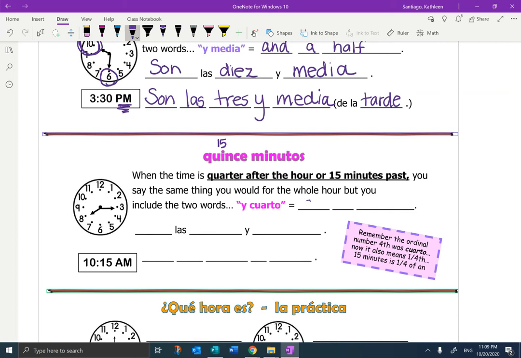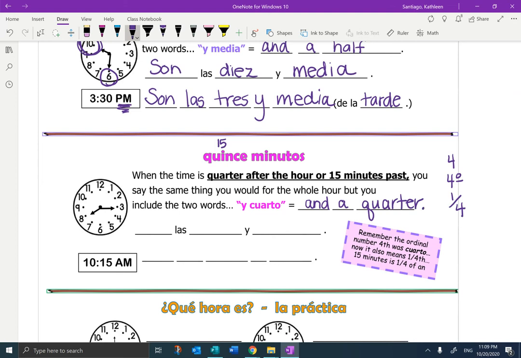So y, we know, means and. Cuarto is what it looks like. It's a little bit of cuatro and not quite. We've learned that cuatro is 4, cuarto is 4th place, but it also can mean 1/4 of an hour or a quarter. So we're going to say and a quarter of an hour.